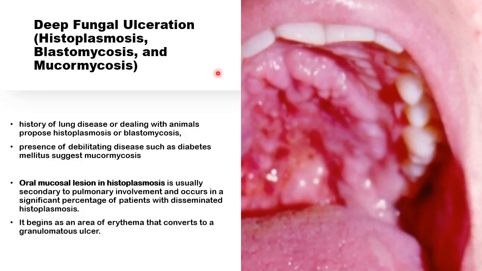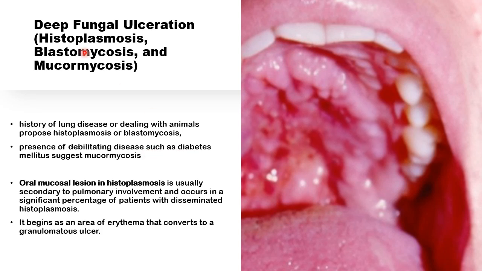And move to oral ulcers caused by a group of fungal infections, deep fungal ulceration, including histoplasmosis, blastomycosis, and mucormycosis. For the first two, there is usually a history of lung disease or dealing with animals. In mucormycosis, there is usually a debilitating disorder such as diabetes or immunocompromised subjects.